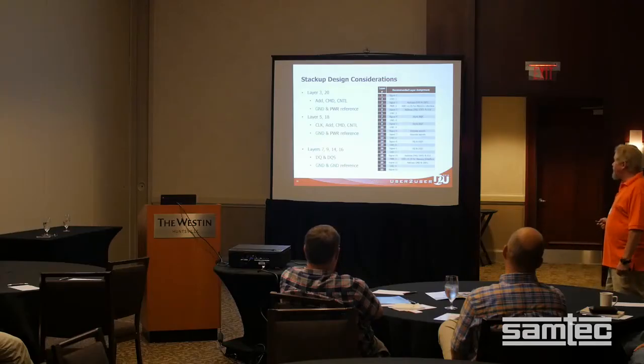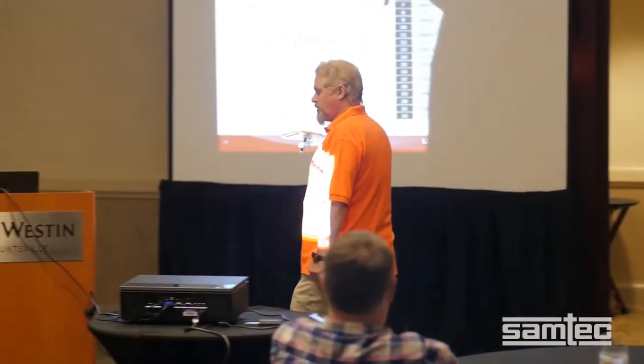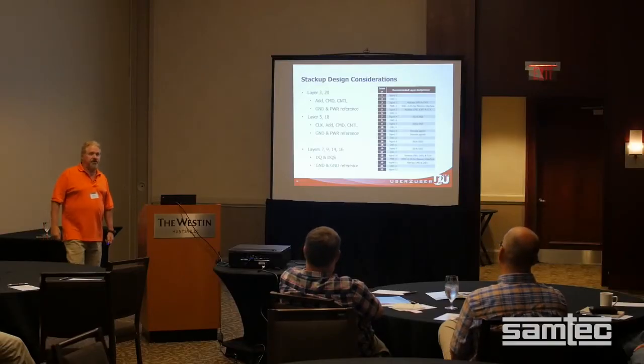And then for your DQs and DQSs, what are they referenced to? Ground and ground. Now, what does that mean to us? That means if you've got a signal referenced to ground and you change layers, do you want to go to a layer that's referenced to something else other than ground? Well, I hope not. Changing reference layers will destroy your signal.